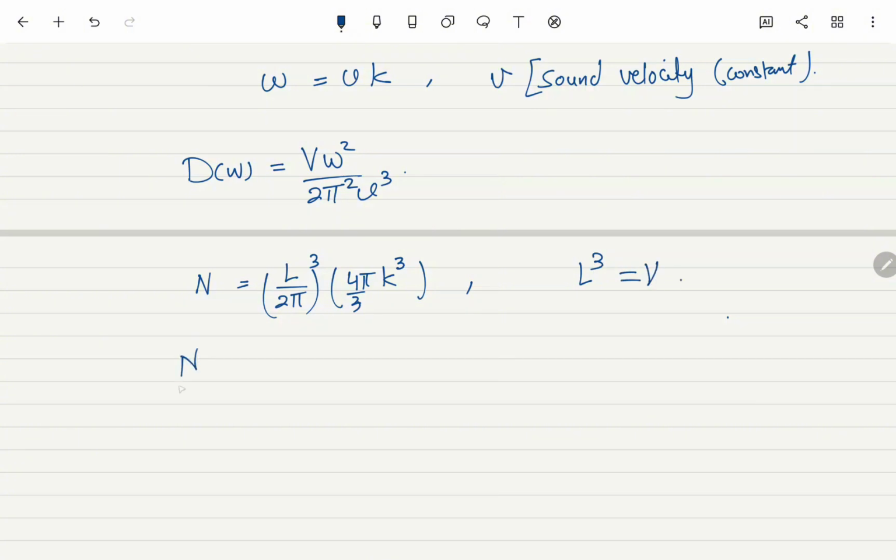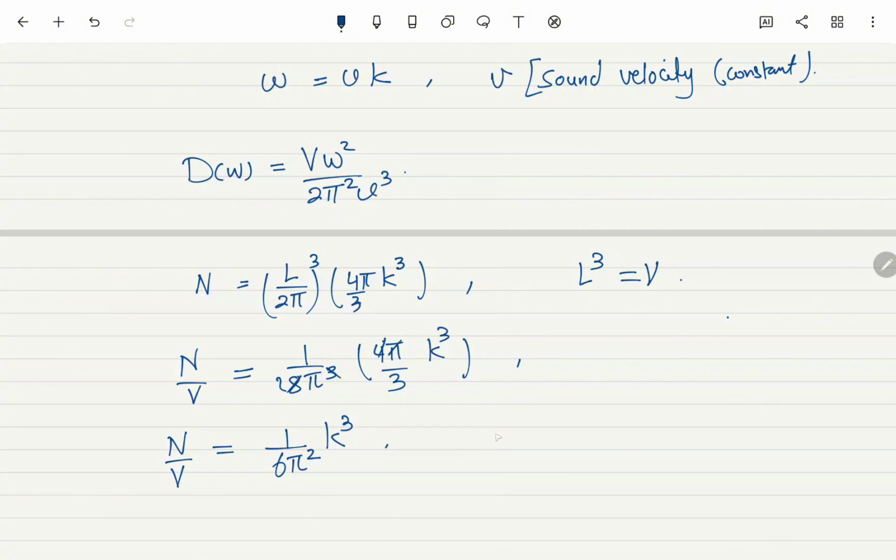Now, N over V in this case is equal to 1 over 8 pi cubed times 4 pi k cubed over 3. And if we eliminate this with this and this with this, you will get N over V equal to 1 over 6 pi squared k cubed.